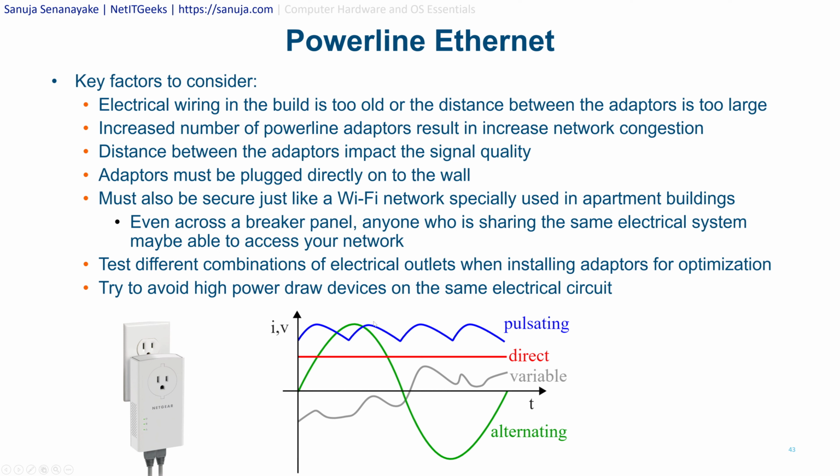Those are typically 2.4 gigahertz, but there are other gigahertz variations too in the market. Basically, as long as it is not cancelling out or interfering with the AC signal, you can use the frequency space available within that electrical wire to communicate. So that's how the power line Ethernet works.